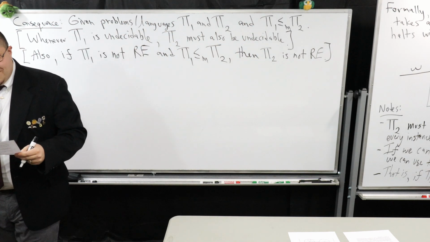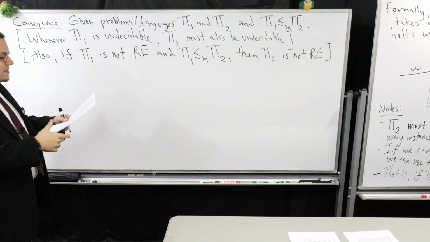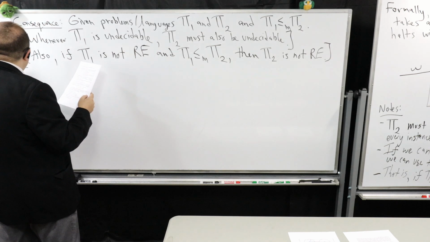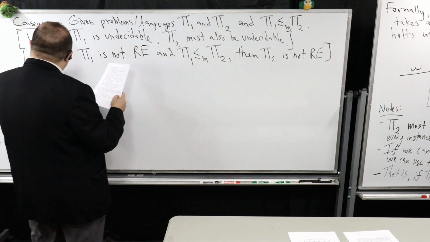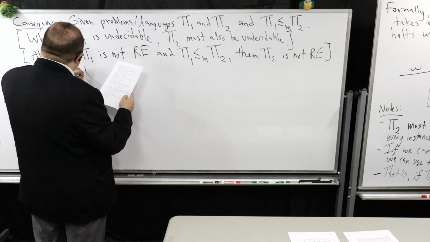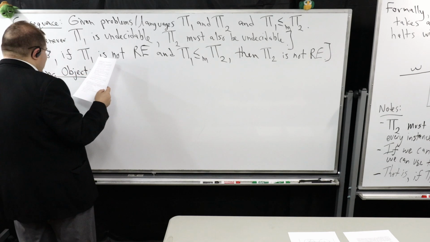I'm going to describe one other concept that we're going to use very often. For those that may be reading the Sipser book, or have read it, you might appreciate what I'm going to do next.